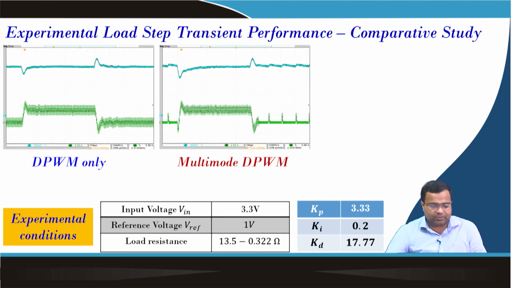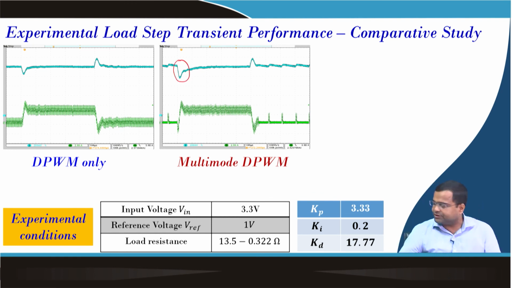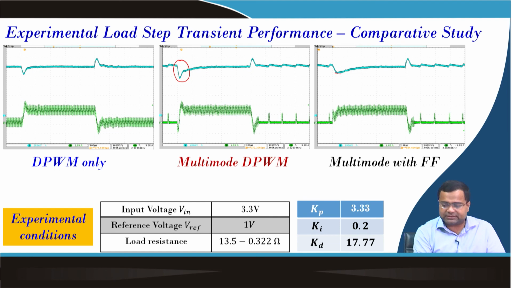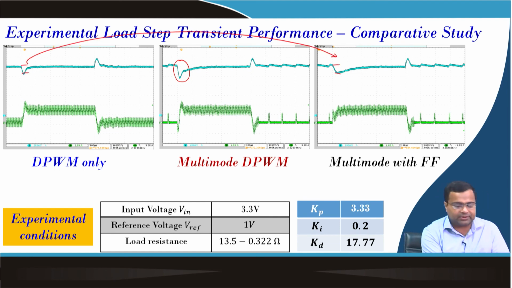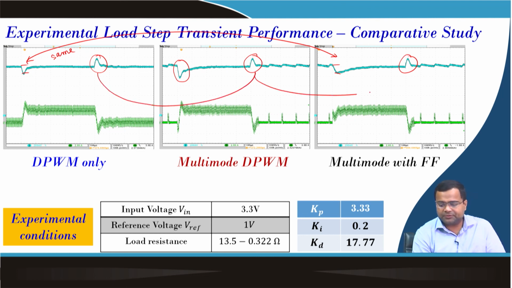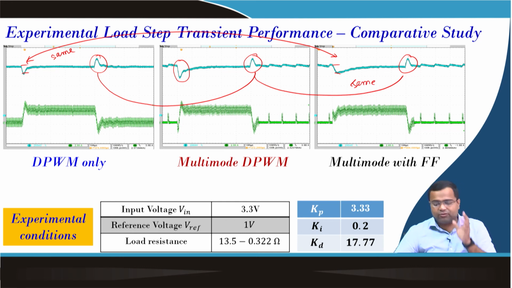This is purely DPWM, this is with multimode, where we suffered this operation, and you see this undershoot and this undershoot are the same. This undershoot, these also are the same. So, you can retain it, and we can now achieve very high efficiency also.